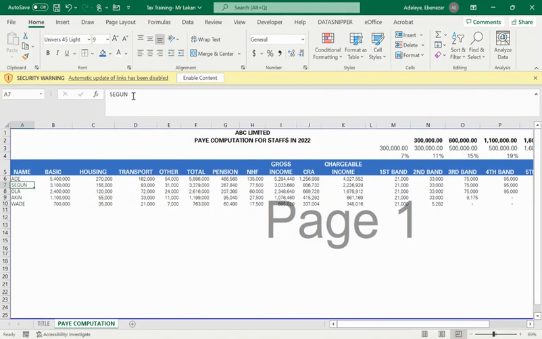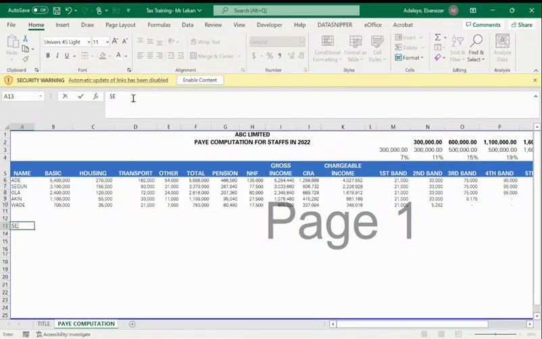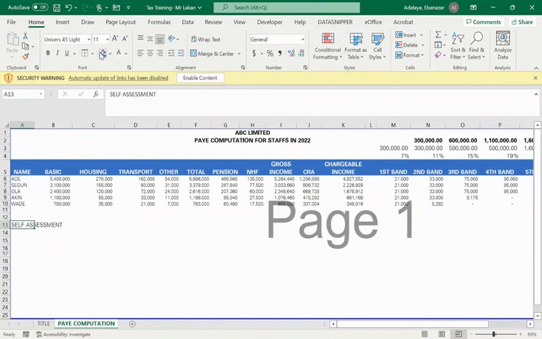Now, going straight away to our self-assessment. For instance, the one person that we are computing the self-assessment for might be the owner of the business, or it might even be a director if it is a company.